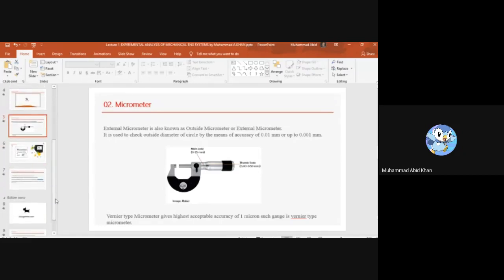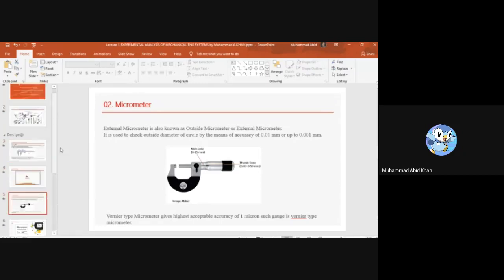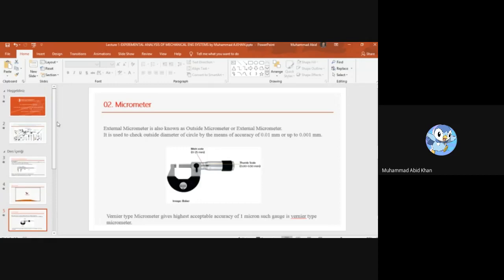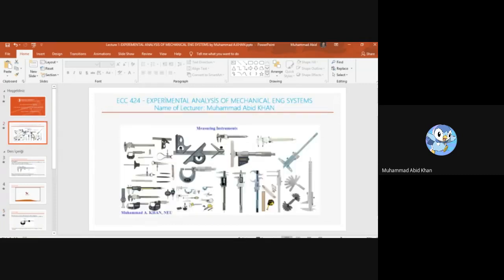So in the coming lecture, we will decide how many students and what the criteria is, what the assessment is, what the grading system is. In the coming lecture, we will decide it together.